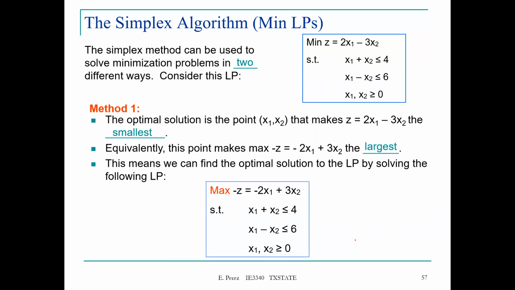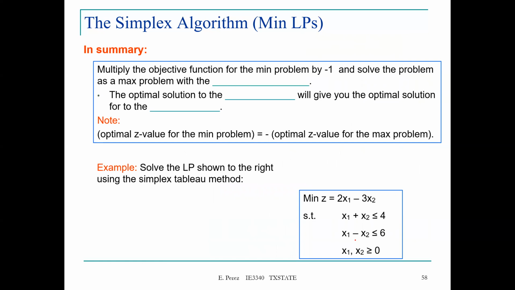This means that we can find the optimal solution to the LP by solving the following LP. So we can transform the objective function from minimization to maximization by multiplying by -1 on both sides, and then solve the problem as we just did for a maximization problem. In summary, multiply the objective function for the minimum problem by -1 and solve it as a maximization problem with the objective function minus z.